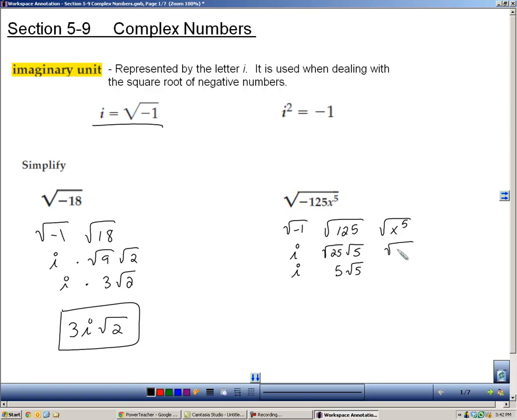And then over here, square root of x to the 4th. Remember, we make the exponents even, and then we cut it in half. So x squared. When you write the solution, we put the number first, and then we put the i, because i is an imaginary number. So it becomes before the variable, then the x squared, and then everything that's under the radical. The 5 is, and so is the x. And this is how you write the solution.